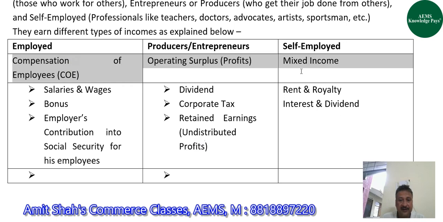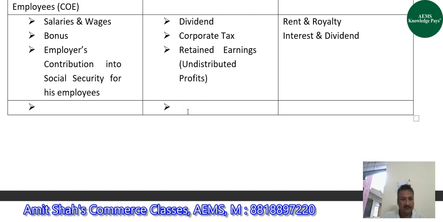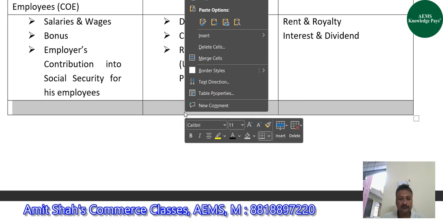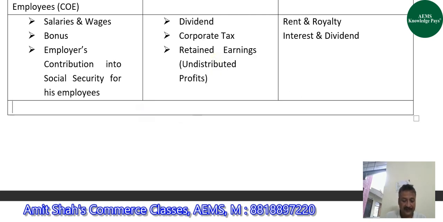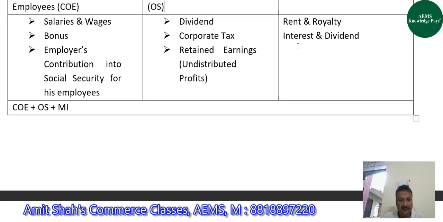Sum total of these three incomes, that is COE plus operating surplus plus mixed income, MI, gives us an aggregate of national income about which I have already talked, and that is NDP at FC.